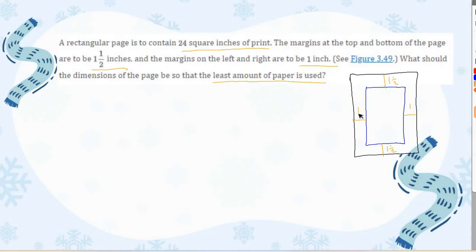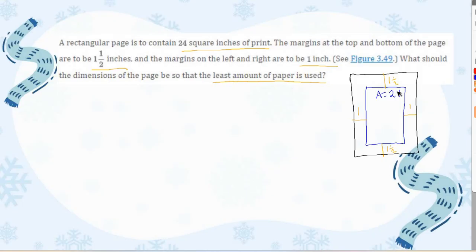Most of the 24. So what is 24 square inches? The whole paper? No, the blue. Ah, the blue rectangle in the middle, right? Because just the printed part is 24 square inches. What does 24 square inches represent then? The area. So we know that the area here in the middle is 24.